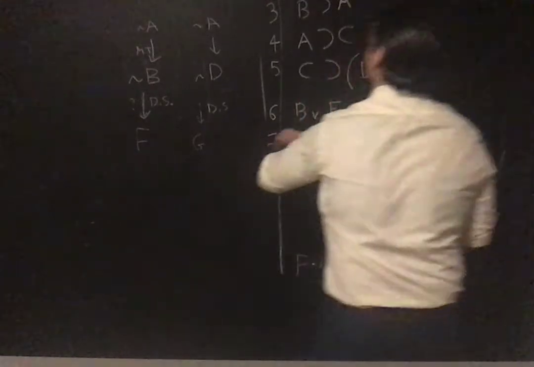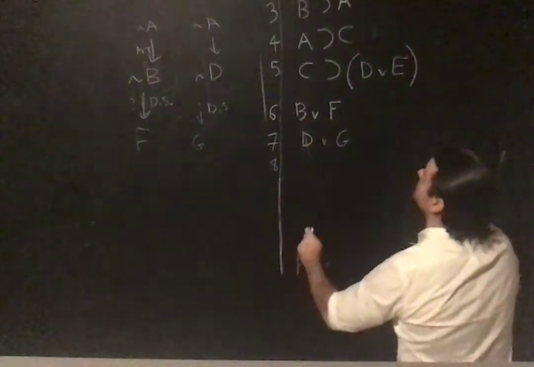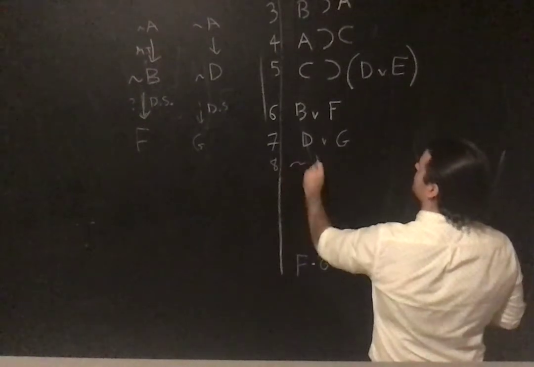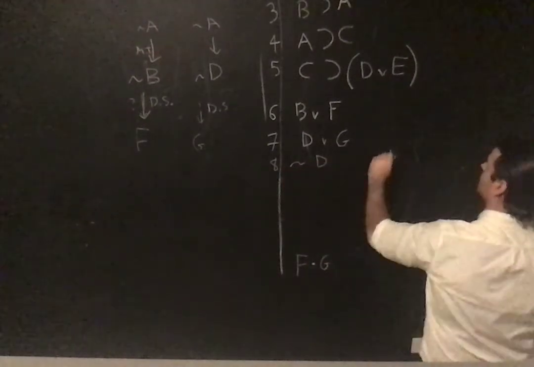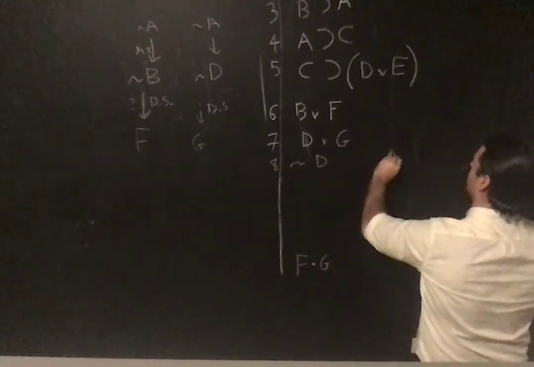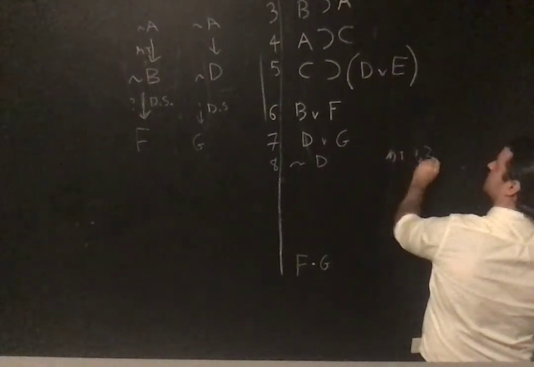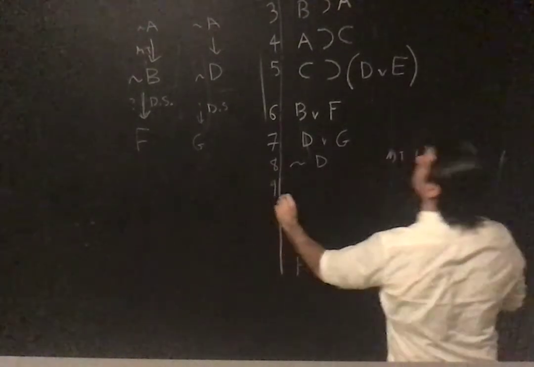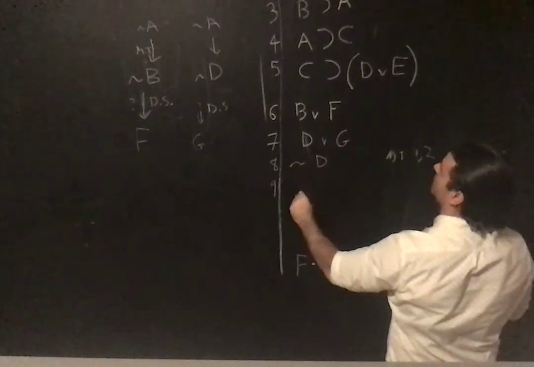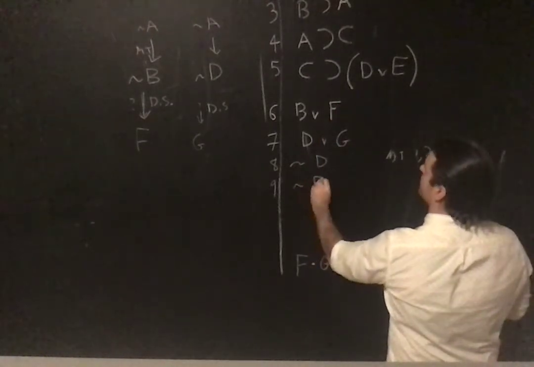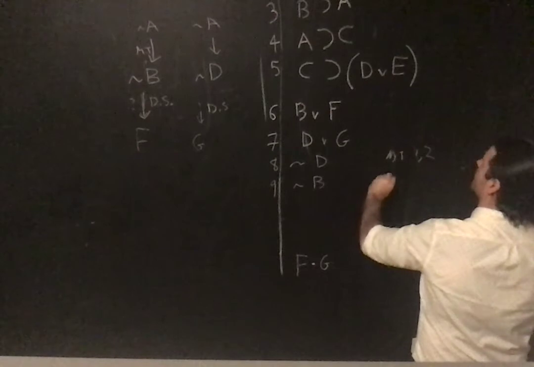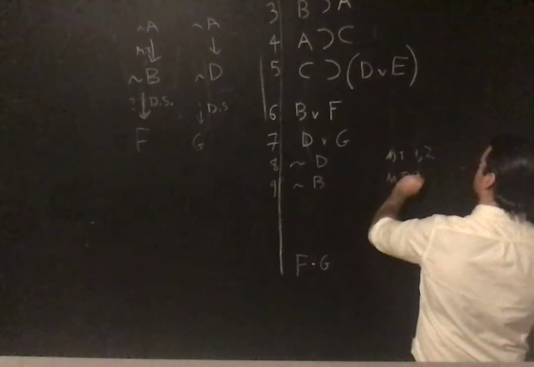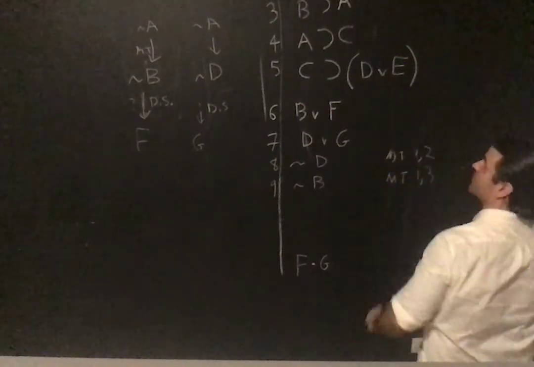Right, 8. I can do not D, from 1, what's that? Modus tollens, 1 and 2. 9 is going to be, now let me get not B, modus tollens 1 and 3, right?